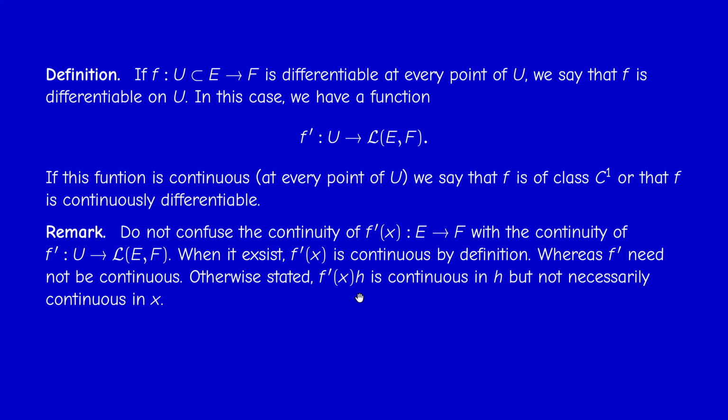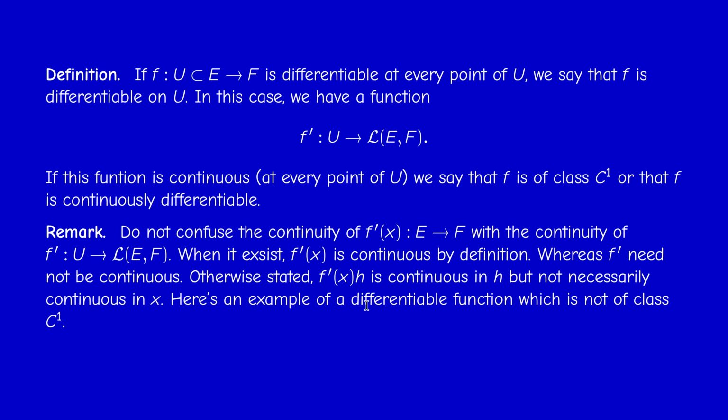But continuity of the derivative, as a function of x, is not necessarily continuous. And you can already give examples in one dimension of functions that are differentiable but are not C1. So we can find a differentiable function which is not C1.